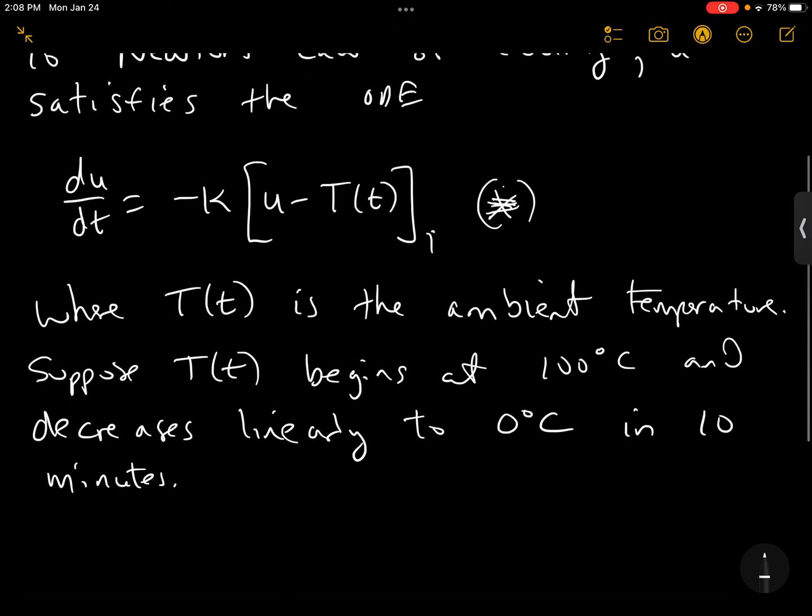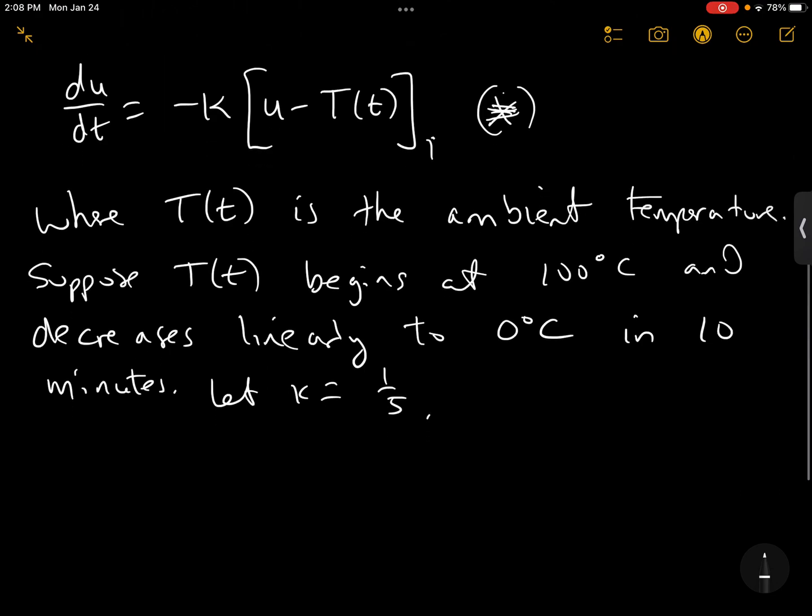And just for the sake of the problem, we're going to let K be 1/5, which is some kind of cooling factor. So part A, this by the way was an old quiz.